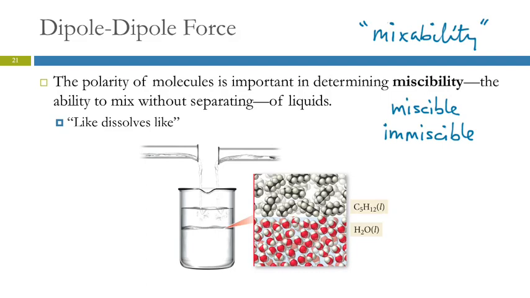Questions? Are you saying that they won't be separated if they're both polar? If they're both polar, they will be miscible. They will not be separated. What we have here, this is nonpolar, and this is polar. And so these are not alike. And so they're not going to mix. They're going to form two layers.